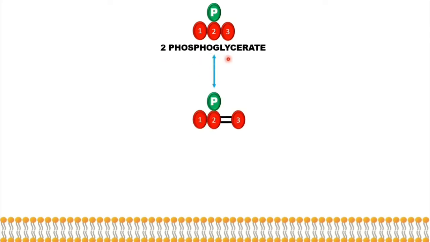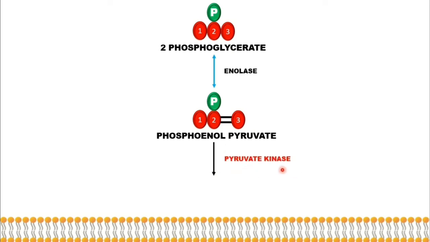2-phosphoglycerate is a substrate of enolase. So what does enolase do to 2-phosphoglycerate? It will add enol. So now 2-phosphoglycerate is converted to phosphoenol pyruvate. Then phosphoenol pyruvate is a substrate of pyruvate kinase. So what does pyruvate kinase do to phosphoenol pyruvate?